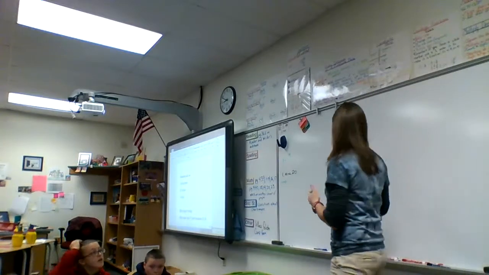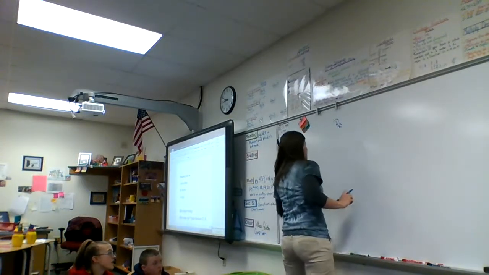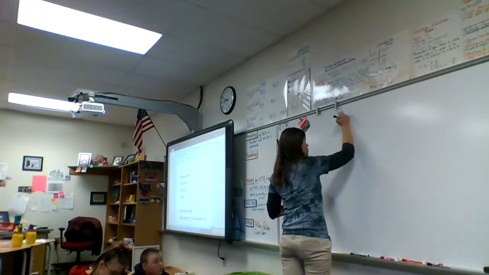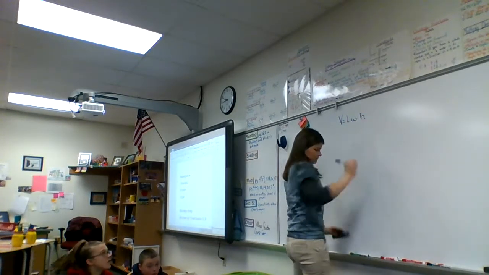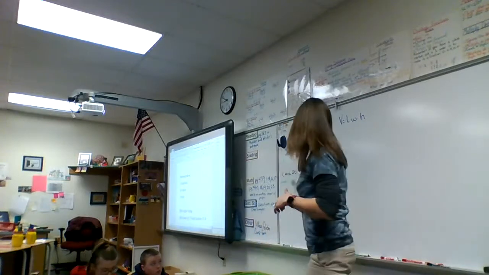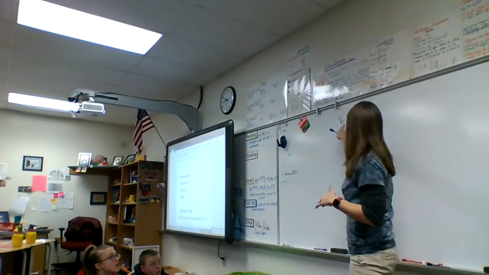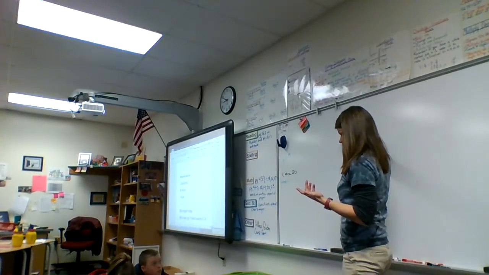Right. I take my length, my width times my height. So my volume equals my length, my width, and my height, right? Yes. Okay. Now, the reason volume is cubed is because I would be taking, let's say if I had inches here.